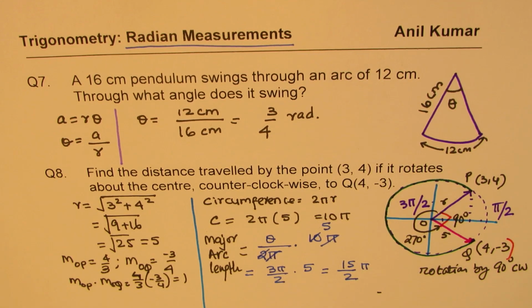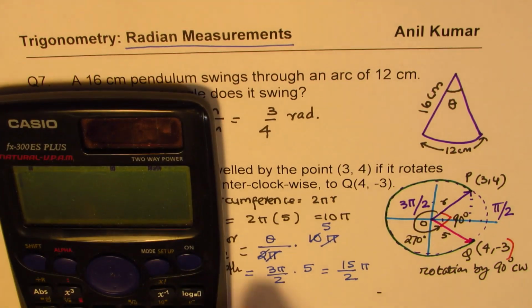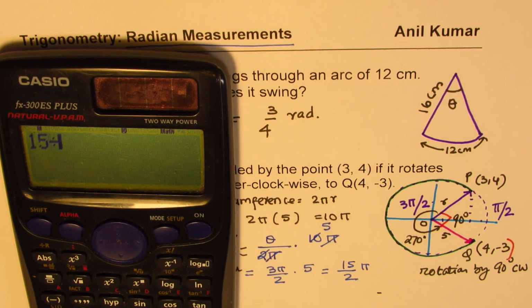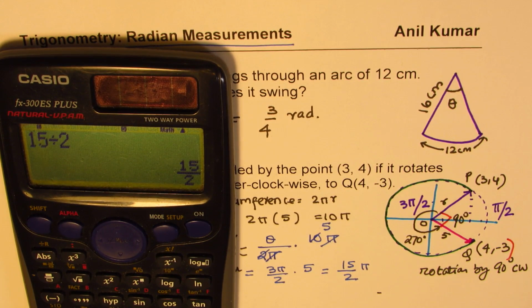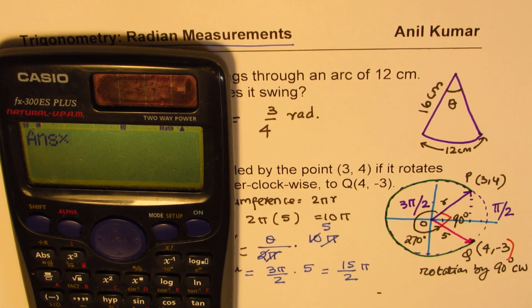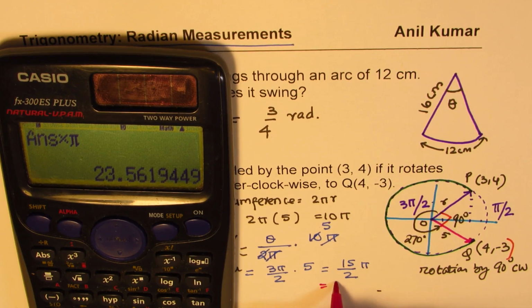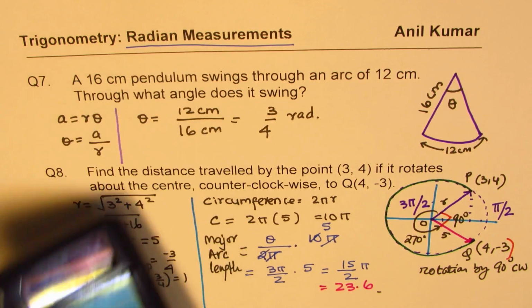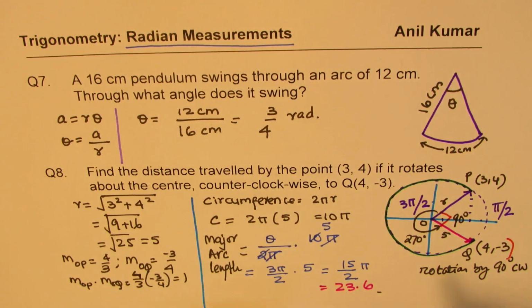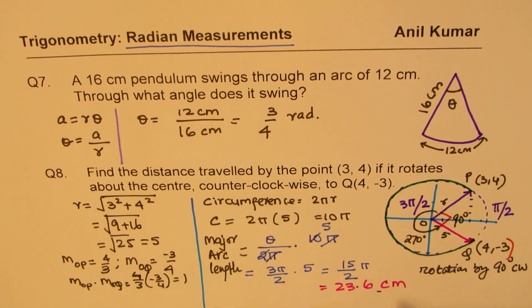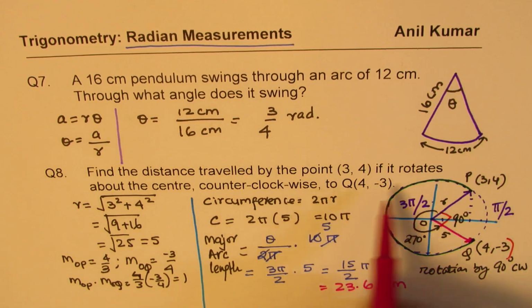If a calculator is allowed, you can always use the calculator and divide 15 by 2. That will be 7.5 times pi, which in decimals is 23.56.